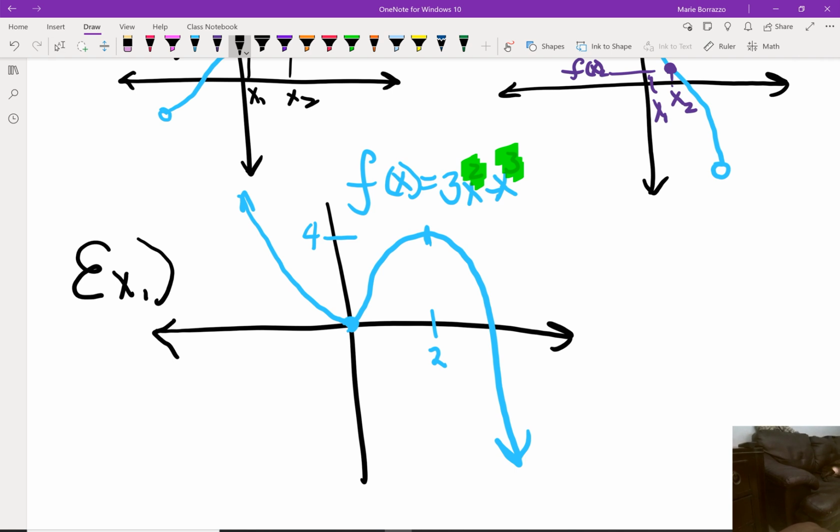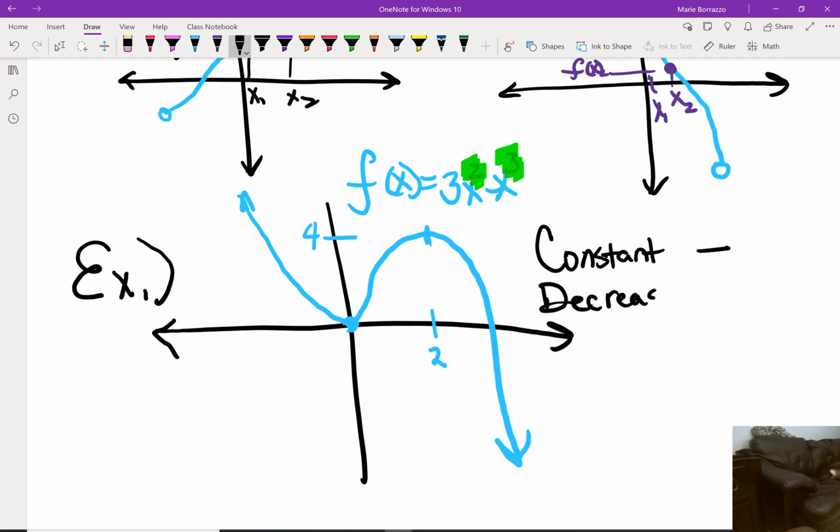Right off the bat, I will tell you there are no constant values. So there's nothing to report there. Let's talk about decreasing. Now remember what I said to you. We're talking about the domain, and we're also looking at the behavior of the function left to right. Okay, so the function is decreasing at which interval in this case?